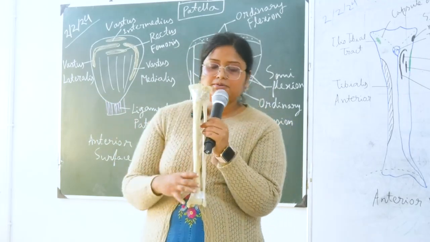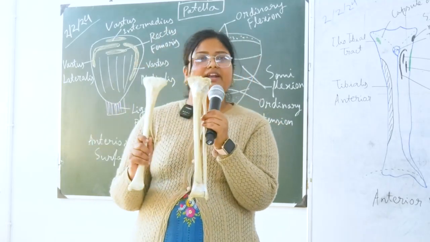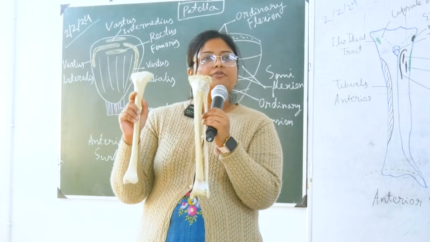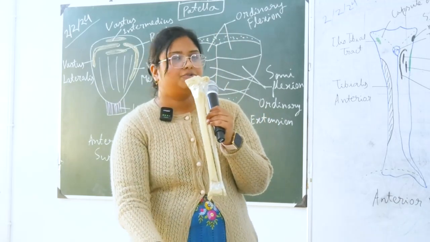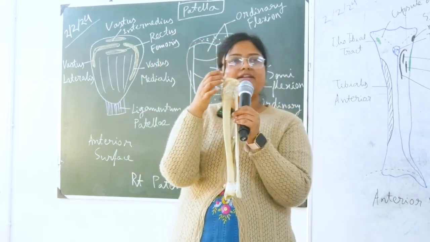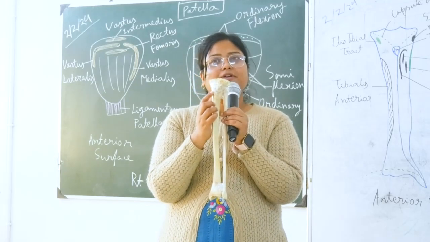Now, how will you determine the side and anatomical position? One thing is important: the secondary center for the upper end extends towards the tibial tuberosity.